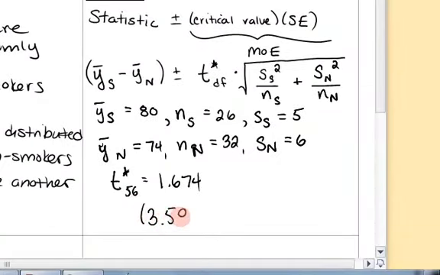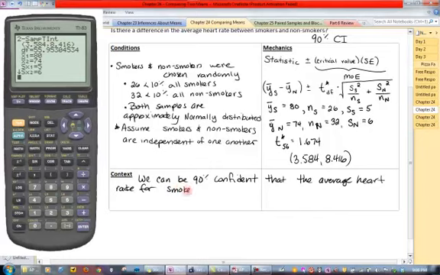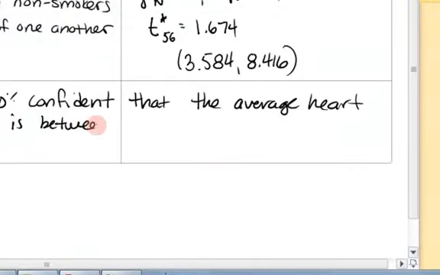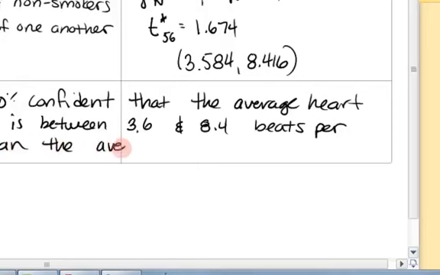Okay, so our last step is simply to put it into context and say what our confidence interval means. So we can be 90% confident that the average heart rate for smokers is between 3.6 and 8.4 beats per minute higher than the average heart rate for non-smokers.